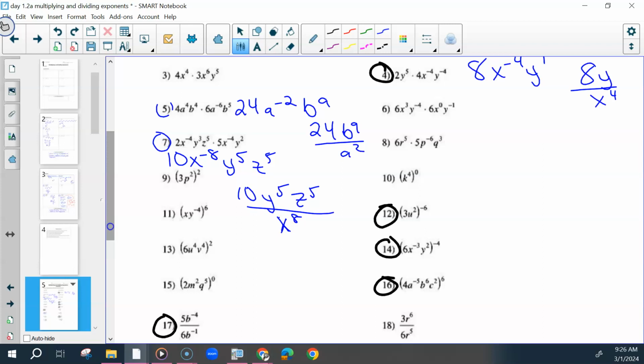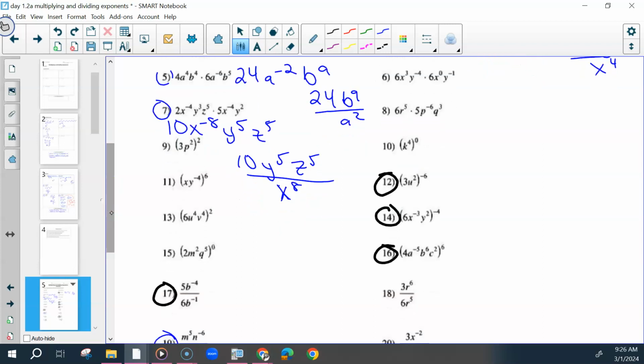Okay. Number 12. You could do this one of two ways. Either take the whole thing and flip it, 1 over 3u squared to the positive 6th power, or multiply it as is. So we have 3 to the negative 6, u to the negative 12, flip them both, and then figure out what 3 to the 6 is.